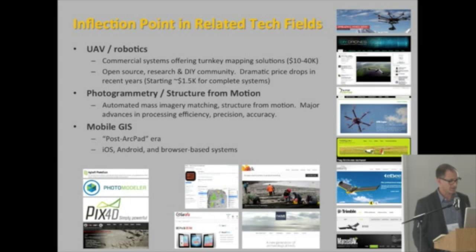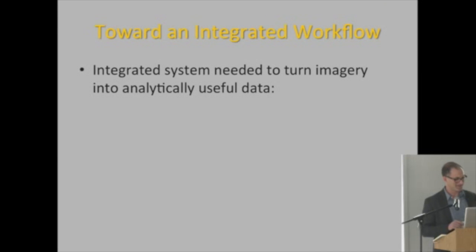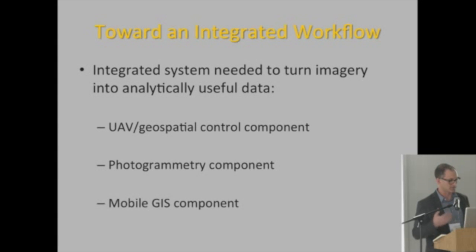And lastly, the mobile GIS, which I'm not as qualified as many in this room to talk about, but we're definitely in this post-PC, post-ArcPad era, and there's a proliferation of mobile applications, whether platform dependent or agnostic, as Sam was saying there. So what I want to get at is how we might integrate these things: the UAV or geospatial control component, the photogrammetry component, and the mobile GIS component together.